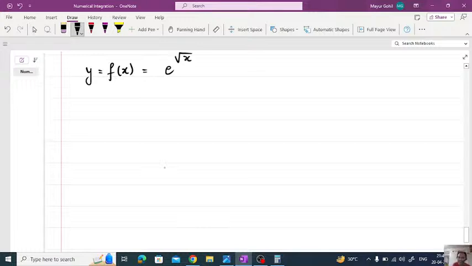Draw this table. You will need to draw the table in the exam also. x, you can write xn or x with suffixes. If you want to put suffixes, it's okay. Otherwise, you can write here like this.